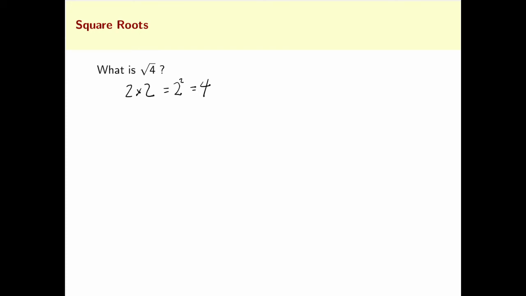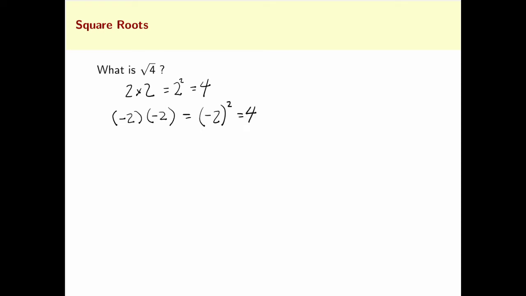No, I'm afraid not, because there's another answer. What happens if I have minus 2 times minus 2? That can be written as (-2) squared, which is also 4. So the square root of 4 actually has two answers.